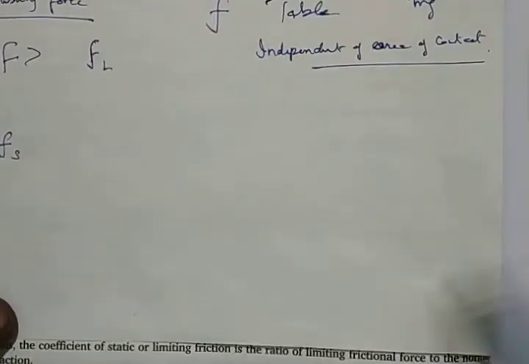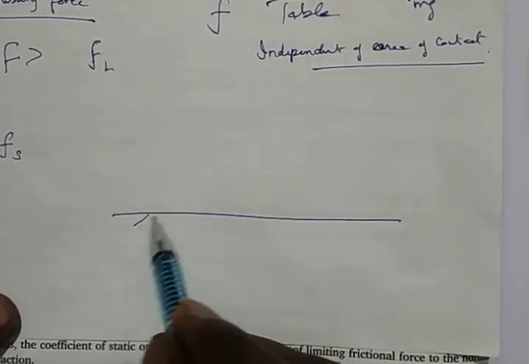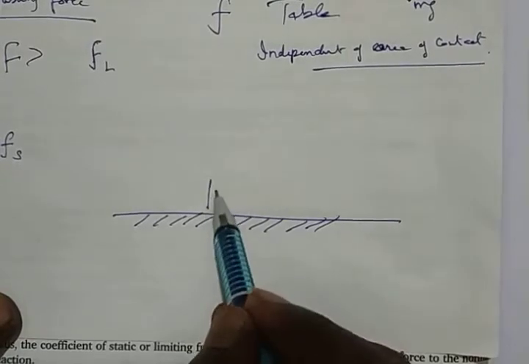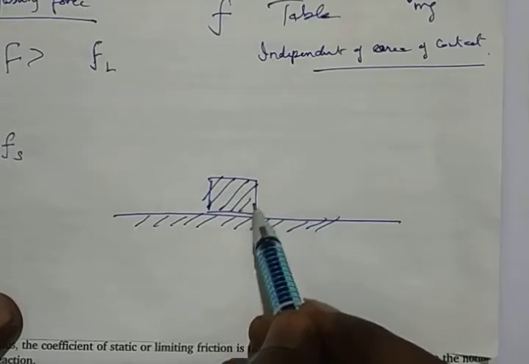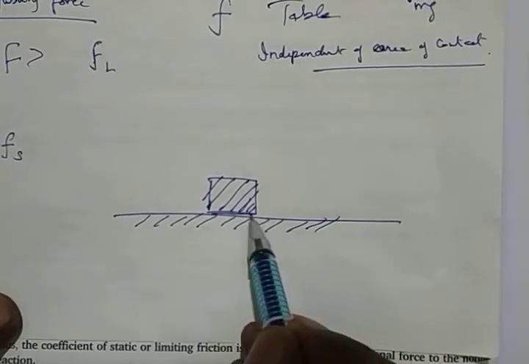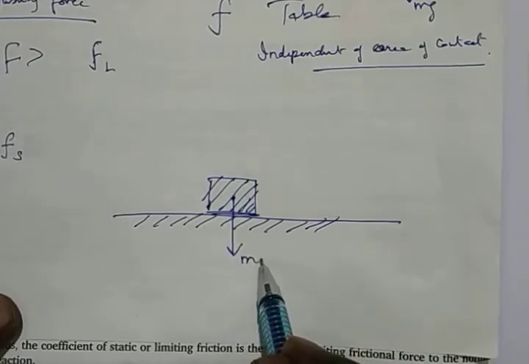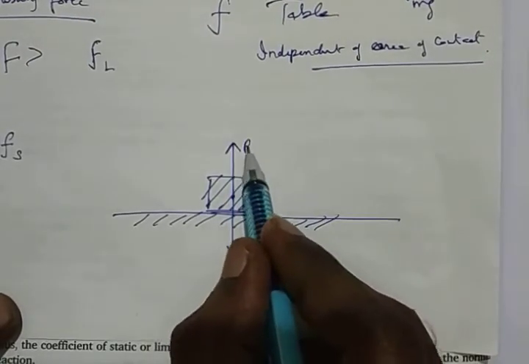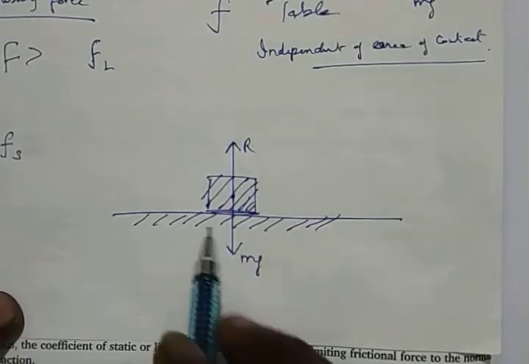So if you have a body, draw this diagram and keep it. This diagram is important. You have a body here. Keep a block on top of a smooth surface. Now this will have mg here and this will have a reaction. Any body which is just kept on top will have these two.